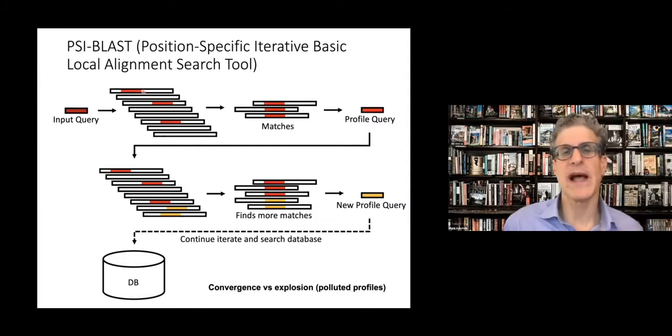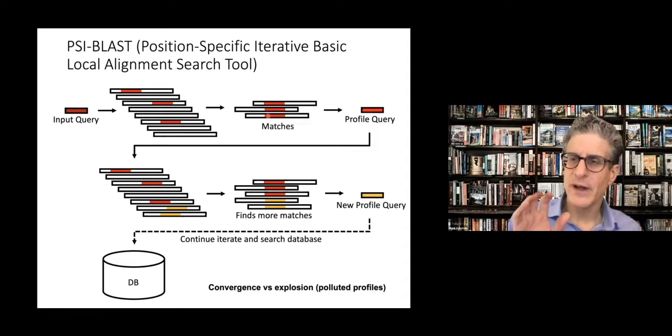Sometimes there would be a match, and sometimes there wouldn't. Then you would take all the sequences that have a match, find the matching region, overlap the matching regions, and calculate a profile from that. And so that would become this profile.